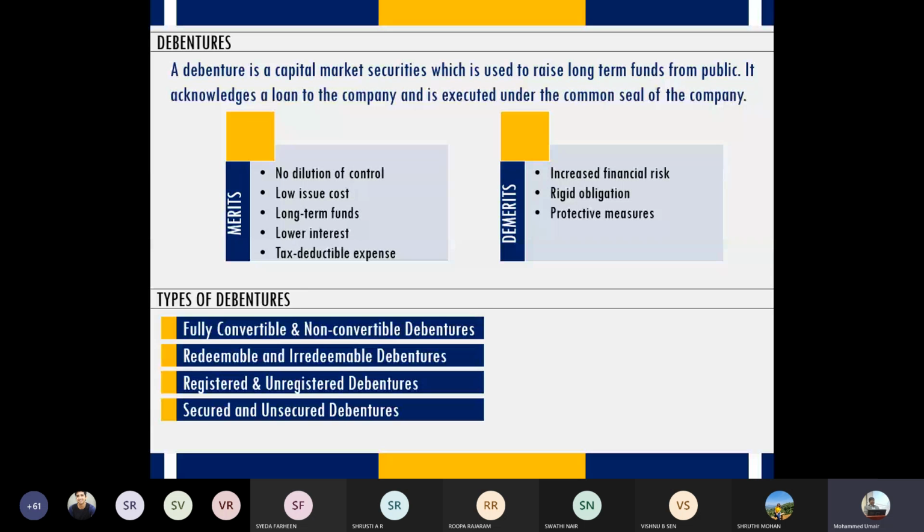And for the public like us, for people like me and you, SEBI, Securities Exchange Board of India, which is the regulator of stock markets, mandates that whenever a company issues debentures to the public, that means to individuals like us, it can issue only NCDs. NCDs means secured, non-convertible debentures. So people like us can only buy secured, non-convertible debentures.